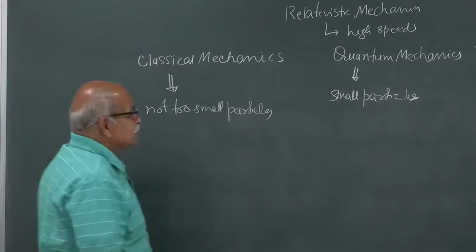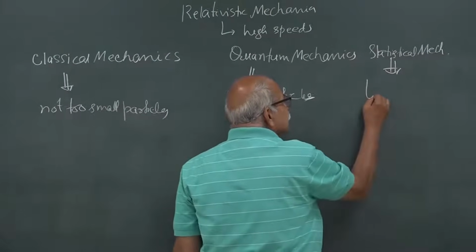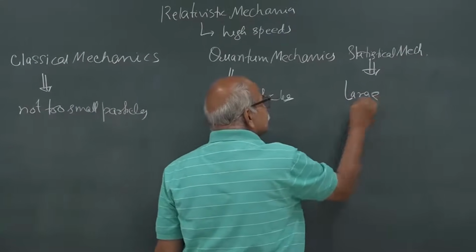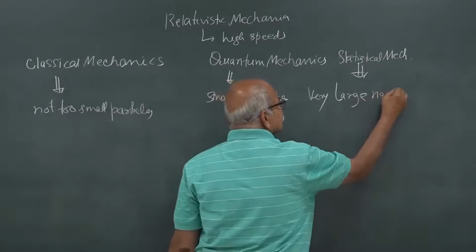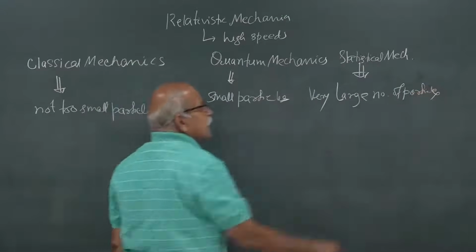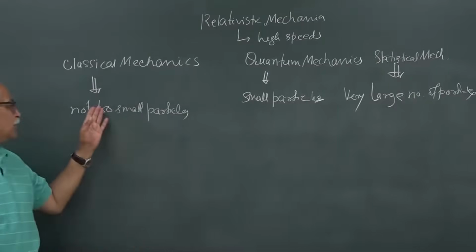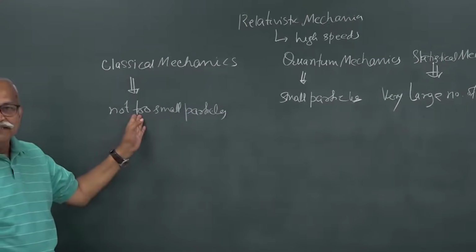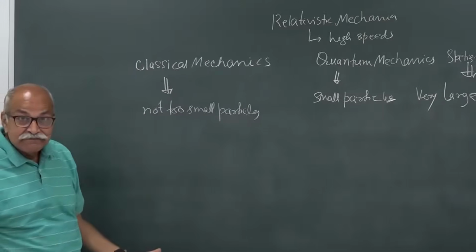All right. And statistical mechanics is when you have a very large number of particles, and each particle has a different behavior. Here also we will talk of a very large number of particles, because we will be talking of rigid bodies, for example.